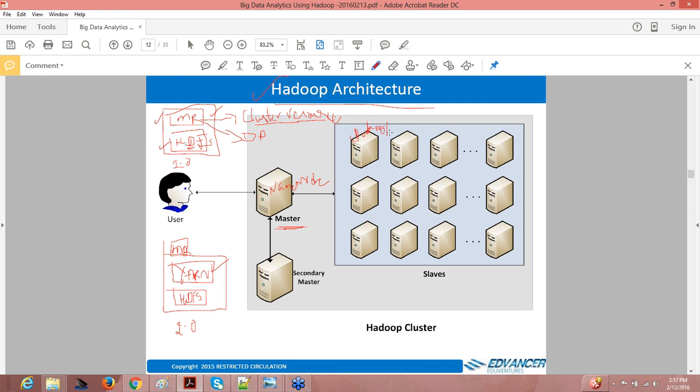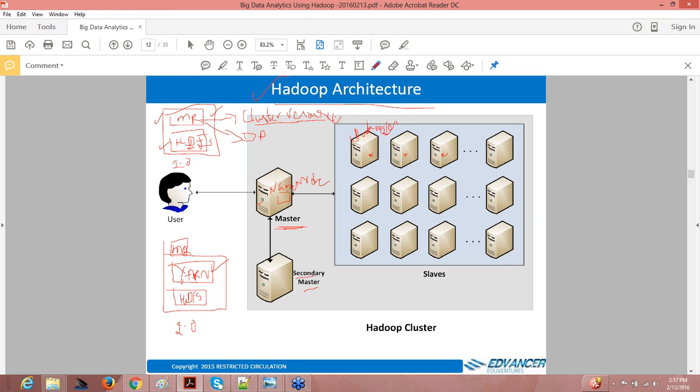When we store data, it is split into blocks, and the blocks are stored on the data nodes. The name node maintains only the metadata information, like the file name, what blocks, and on which data node the blocks are stored.